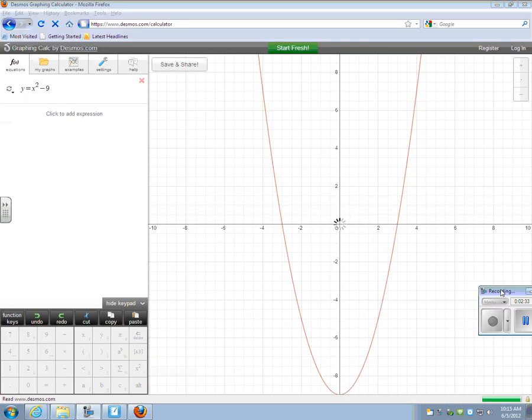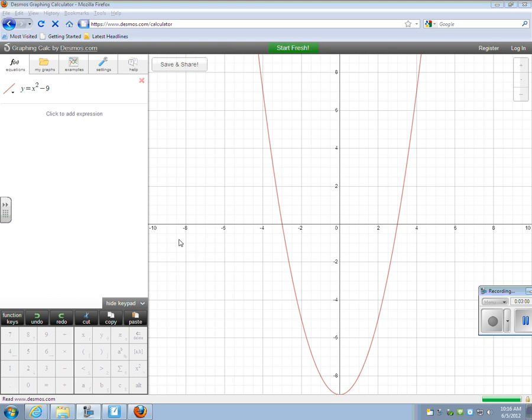Okay, I want to talk a little bit about what it means to solve an equation. If somebody asked me to solve y equals x squared minus 9, someone asked me for what the solutions were, or what the roots were, or what the zeros were, what they were asking for is the value of x that makes y 0.